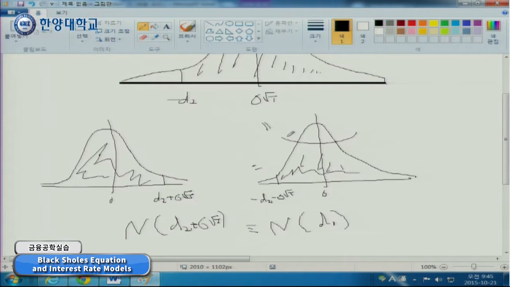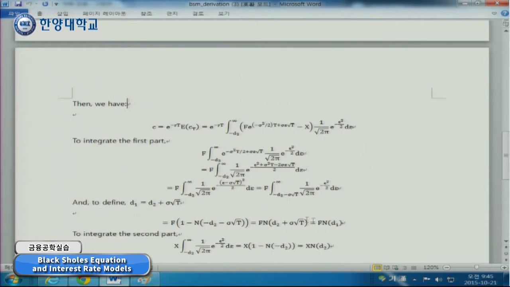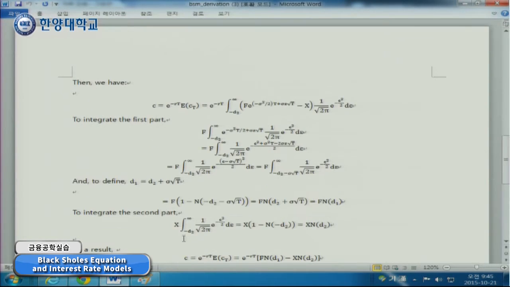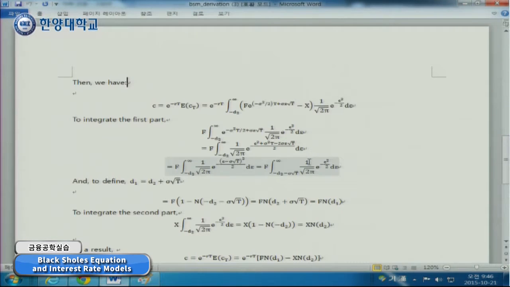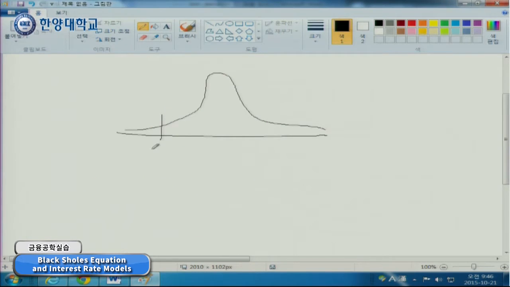And then let's do the second term. The second term is even easier. Define this one as F, so we have the F term. For the second term, this x part, x minus d2, is even easier. Let's assume this is a normal distribution, with minus d2 and 0.